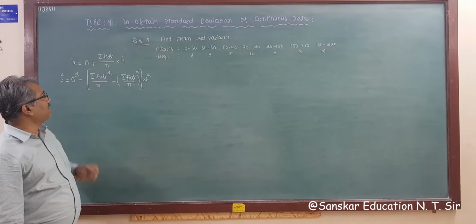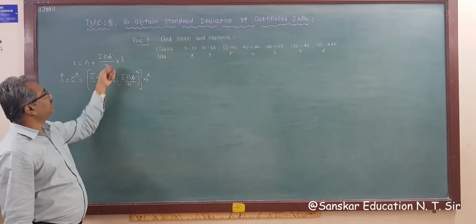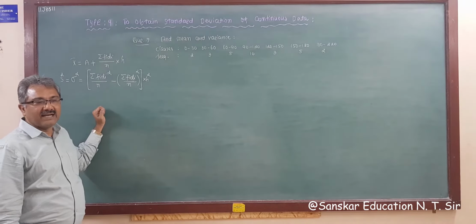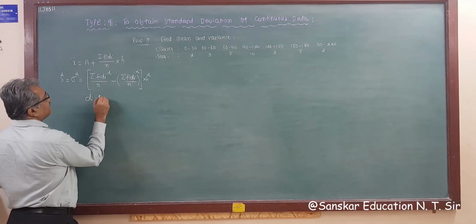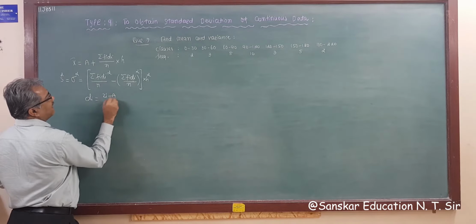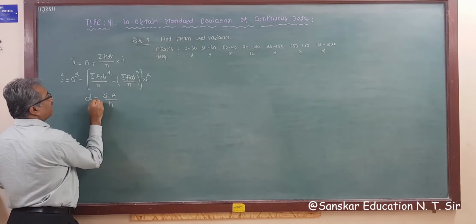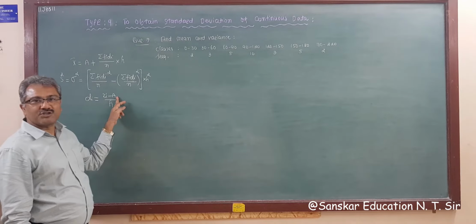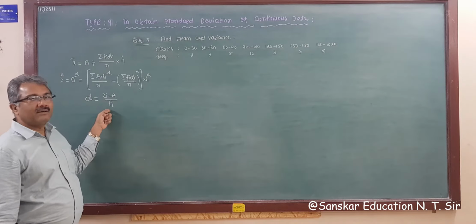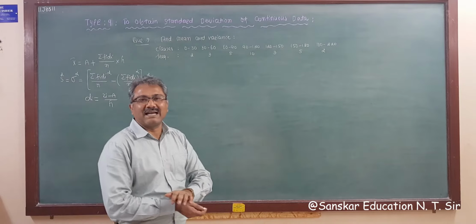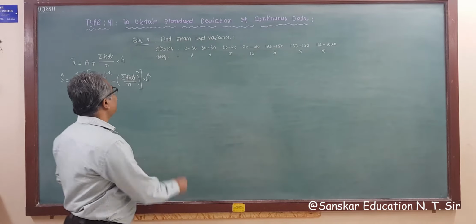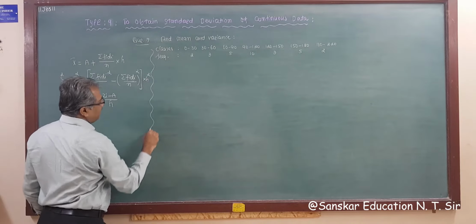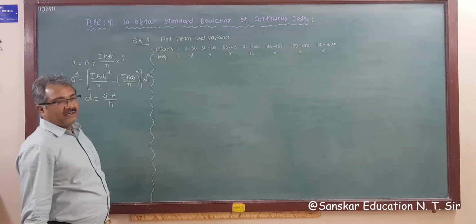So these are the formulas, and in both formulas di is equal to xi minus a upon h, where a is the assumed mean and h is the length of the class, that is the class length, right? So this is the given data, this is the formula, so we have to prepare a table.